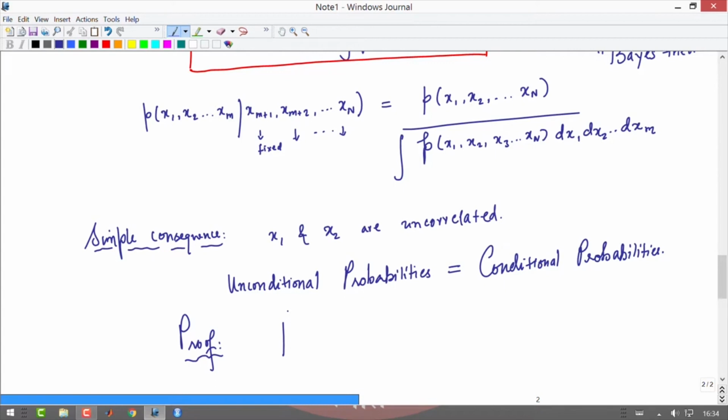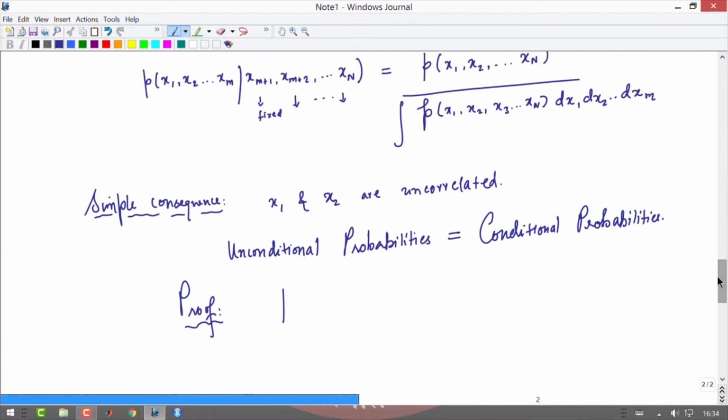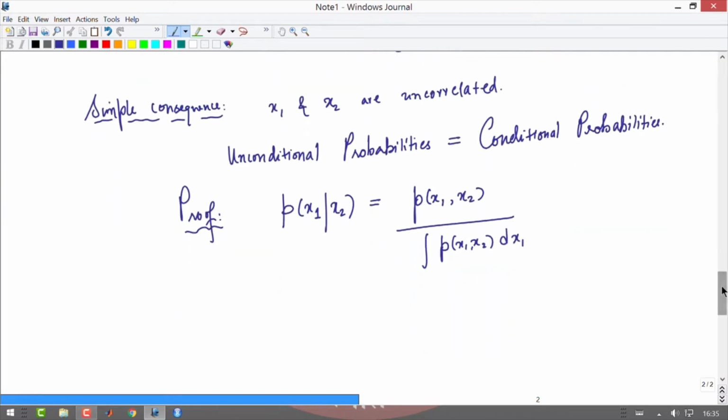So if I write down the conditional probability from the previous example, it would simply be the probability of finding x1 when x2 has been fixed to some value, and this would be given as the joint probability density divided by the integration of the joint probability density over all values of x1.